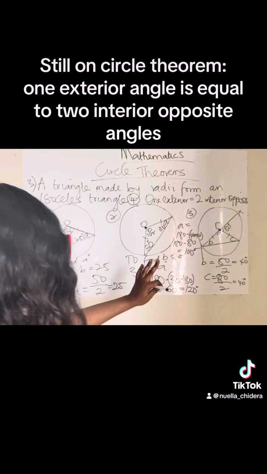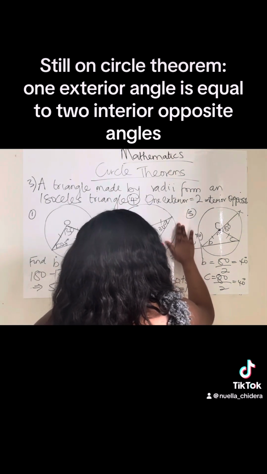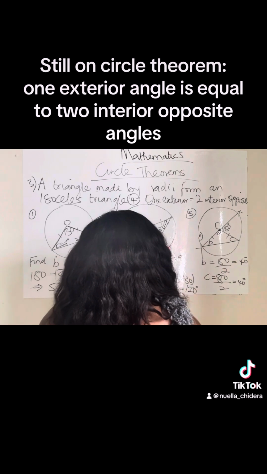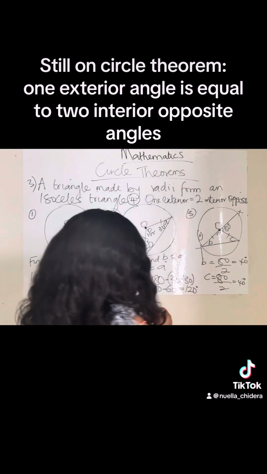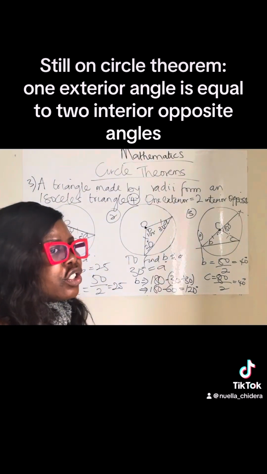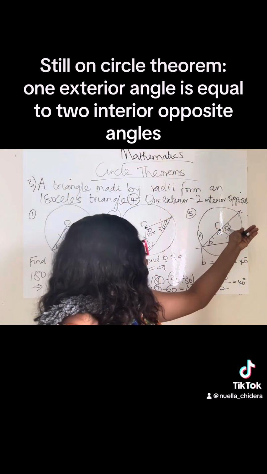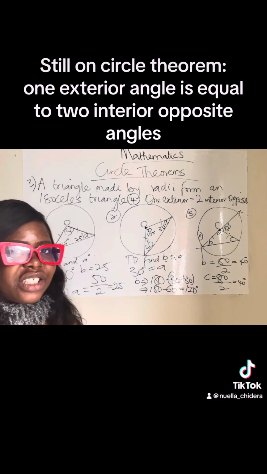Another way we can solve number 3 is to employ what we call angle on a straight line so that we can find A. Angle on a straight line is 180 degrees.